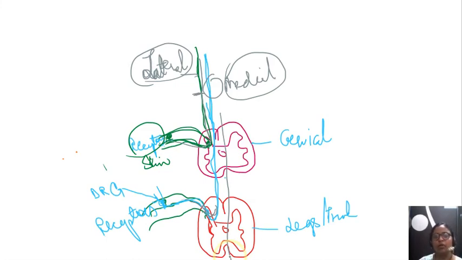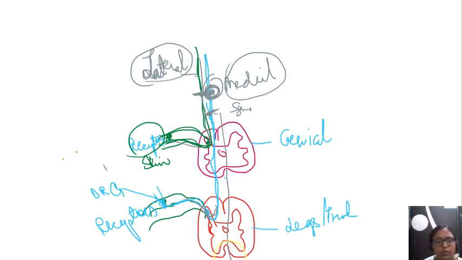And if the more medial side of the tract comes into the lesion, then symptoms can be seen in your legs and trunk, means your lower limb and the trunk.